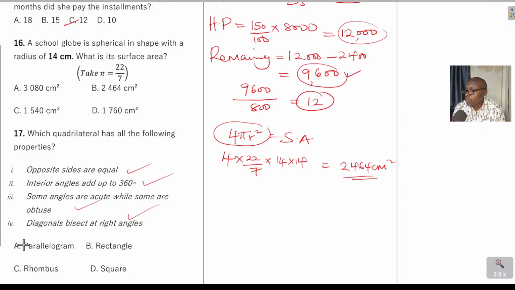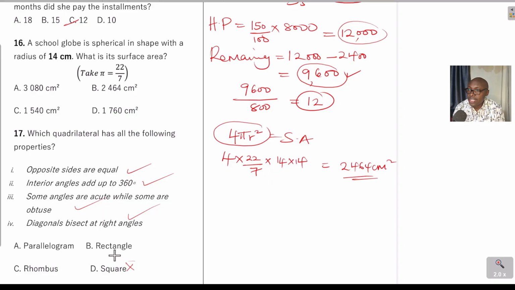So look at a parallelogram. We're going to consider each one at a time. Opposite sides are equal, then interior angles add up to that. But for a parallelogram, the diagonals don't bisect at right angles. They don't bisect at 90 degrees. The same applies to the rectangle. Then the square is ruled out, because for a square all the sides are equal, not just the opposite sides.